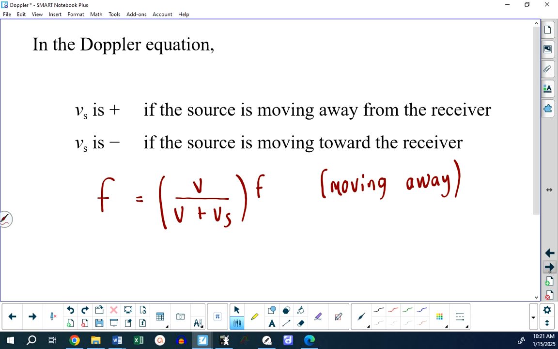There's a better way to understand what's going on. Let me ask you a question here. Forget about the formula. When you're moving away, when the two things are getting further away, is the frequency greater or less?